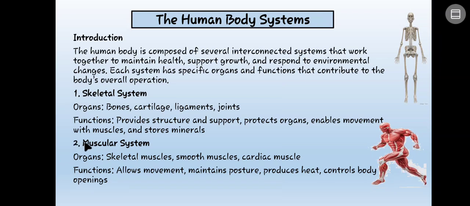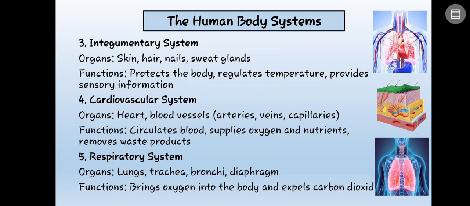For you to be able to lift your hand, you need the muscular system in operation. The organs of the muscular system are the skeletal muscles, smooth muscles, and cardiac muscles. These organs come together to ensure smooth operation of the muscular system.